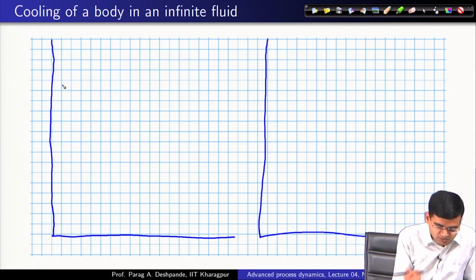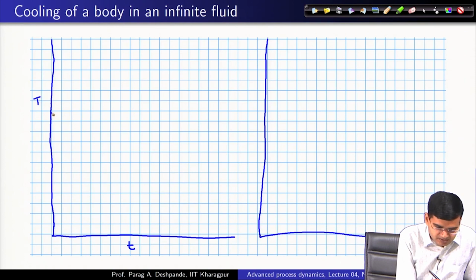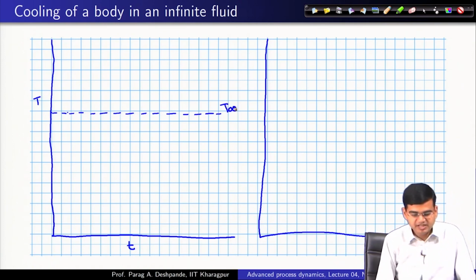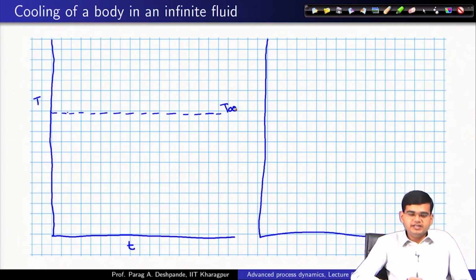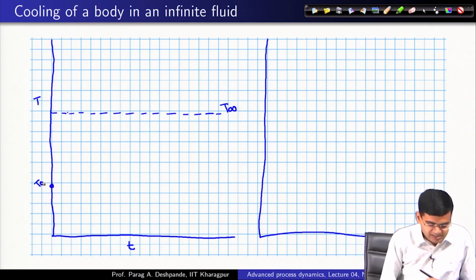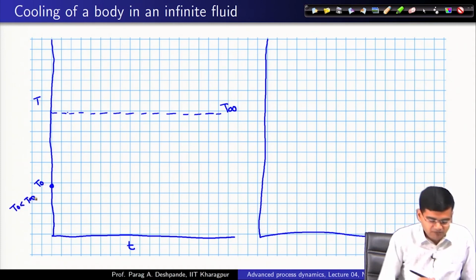So, I can superimpose both of them. I have t here, I have t here. So, if this is my t infinity, then when t 0 is less than t infinity, what is going to happen?